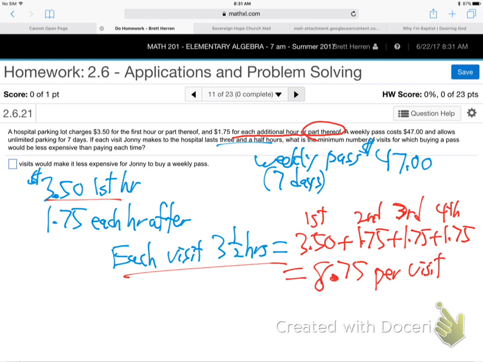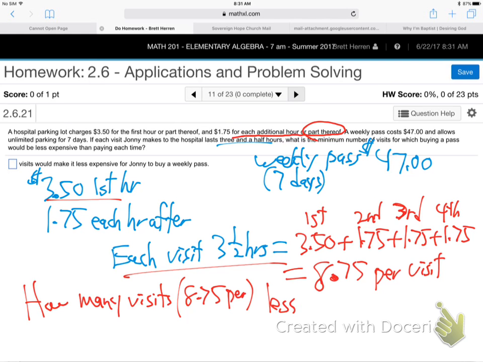So basically, what is the minimum number of visits for which buying a pass would be less? So basically, how many of these stays less than $47? That's what they're saying. How many visits, how many visits at $8.75 per is less or more?